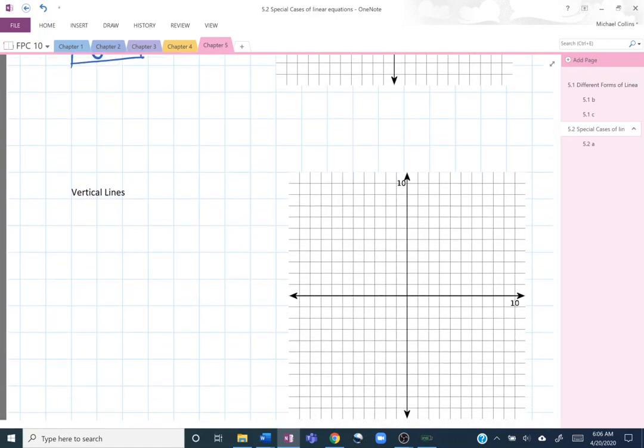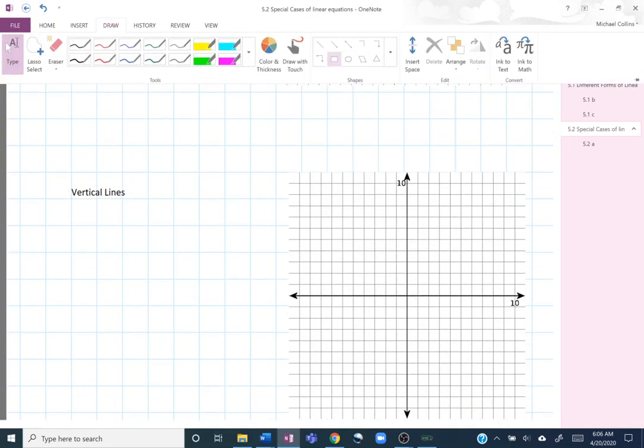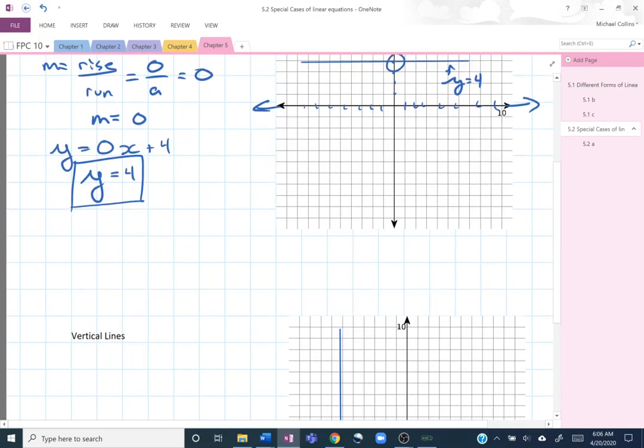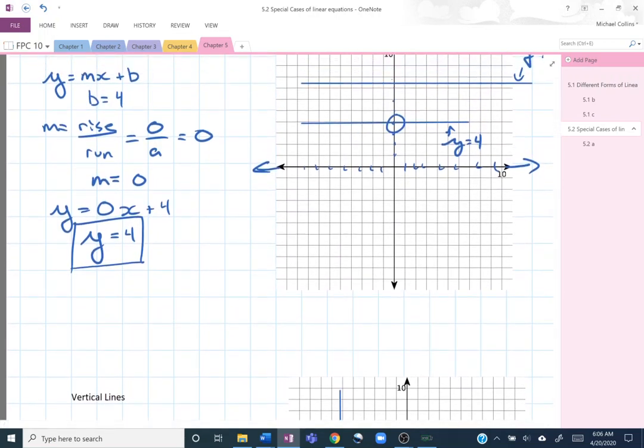If I look at a vertical line, and let's see if my computer will cooperate when I get out my line tool, and I draw a vertical line, vertical up and down, horizontal left and right. For some reason, it really doesn't want to draw it on the grid lines. But we're going to pretend it goes right through negative 6 so we get a nice number. So if we look up here, it didn't matter what x was, y was always a number.